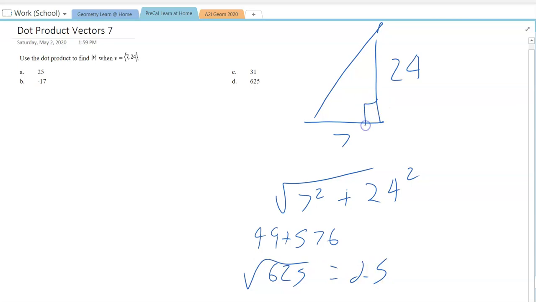I know that you guys know how to do Pythagorean theorem. It just says find the magnitude, and that just means what's this number going to be from the vector that has an x value of 7 and a y value of 24. So just do a Pythagorean theorem. That's kind of ugly, I know, but you guys know how to do Pythagorean theorem. 7 squared plus 24 squared equals 25 squared.